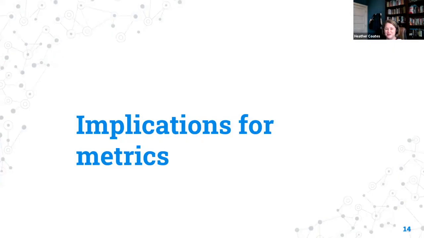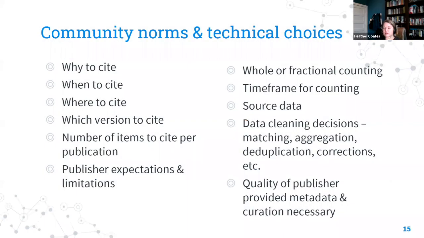Okay, so let's take some time to explore what we know about the data and the implications for the metrics themselves. In general, both community norms, so human practice, and technical choices on the part of altmetrics aggregators influence the validity of metrics for any particular product, metric, and field.